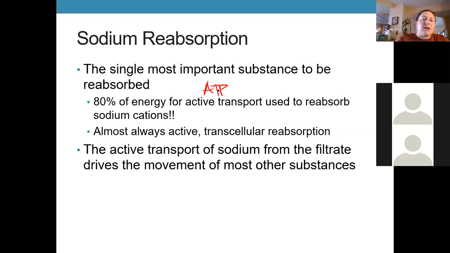So this is using primary active transport, and then most of the other things that are reabsorbed are moving either by secondary active transport using sodium as a co-transport, or because the movement of sodium and these other substances creates gradients for passive transport of water or other electrolytes.